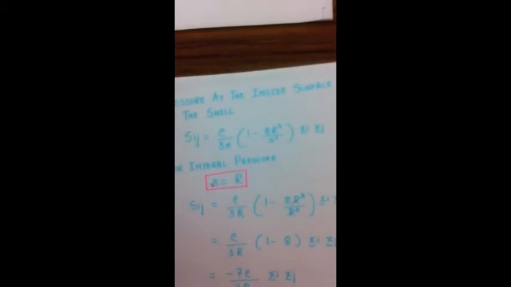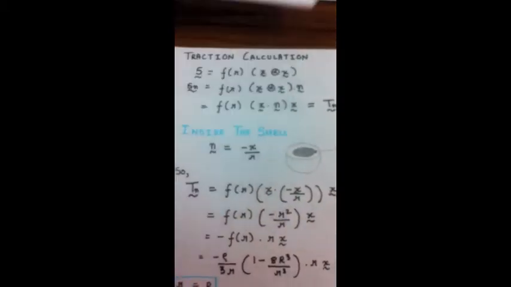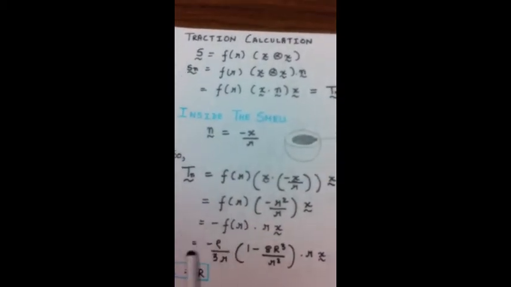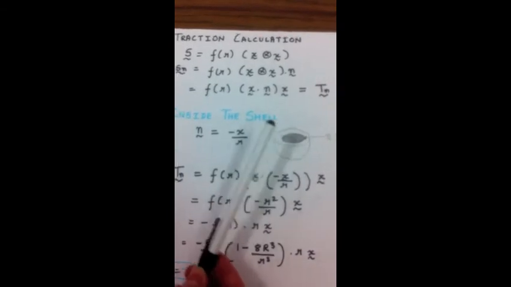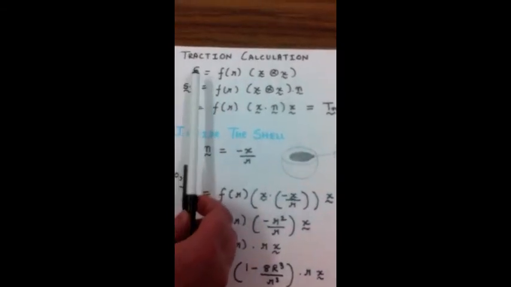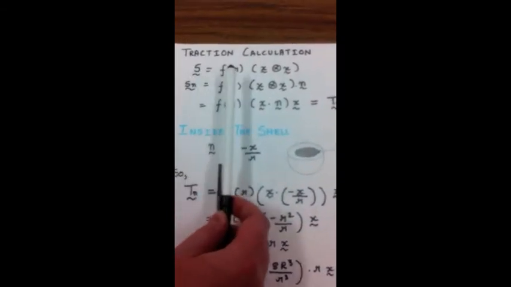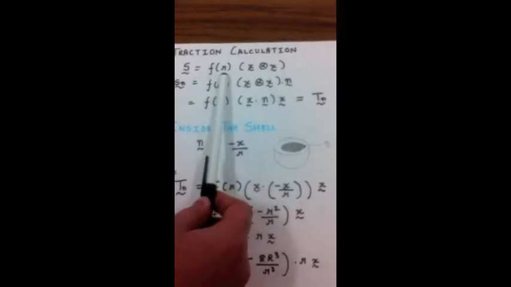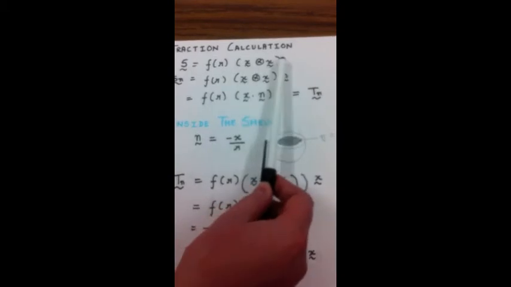Finally, the problem statement asks us to find the tractions if we take a slice of the sphere at x3 equal to 0. So to find a traction, we know that our stress tensor S is a function of r, x tensor x.